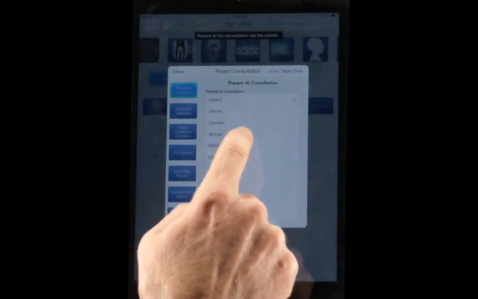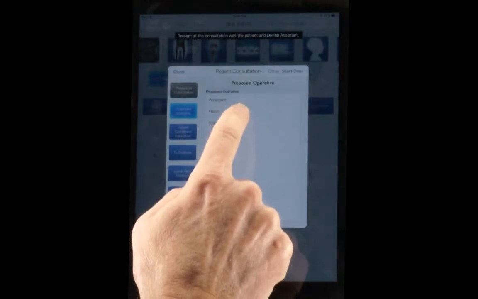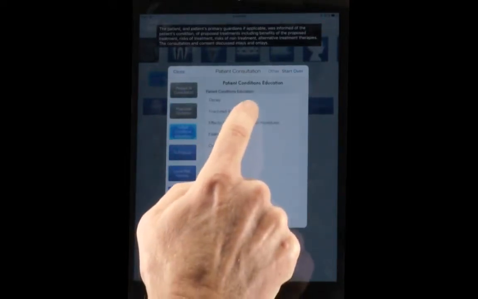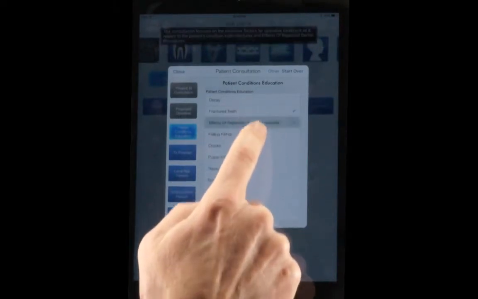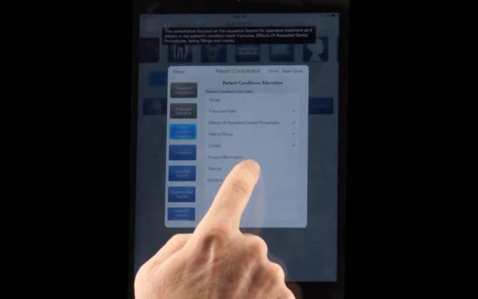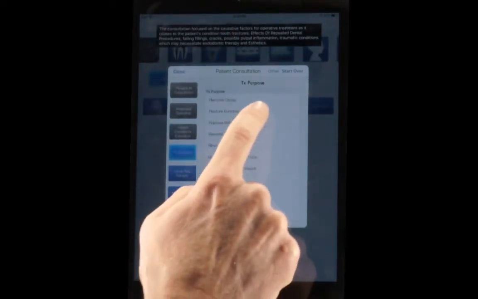So present was the patient, office assistant, proposed treatment, inlays and onlays. Patient conditions: fractured teeth, repeated dental procedures, failing fillings, cracks, pulpal inflammation, trauma, and we'll talk about aesthetics briefly.